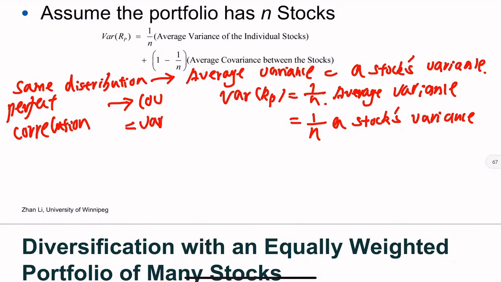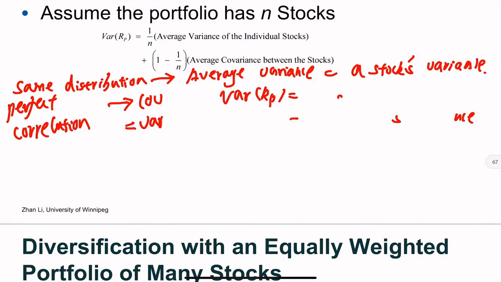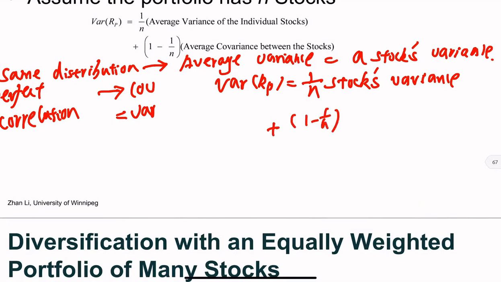Now, let's see what we can get here. According to this formula, you can see that if we have covariance equals variance, then what we get is n times a single stock's variance plus 1 minus 1 divided by the number of stocks times a stock's variance.